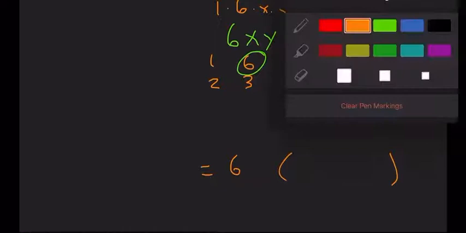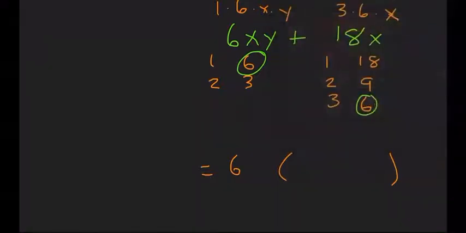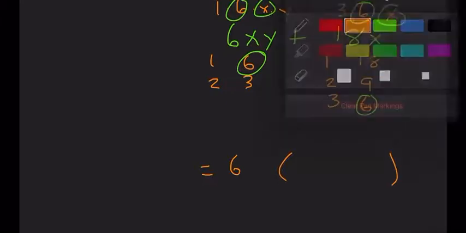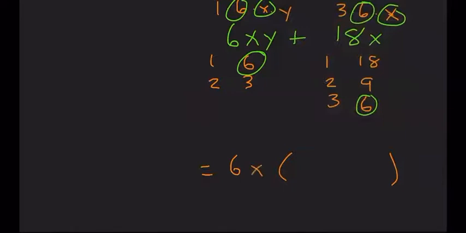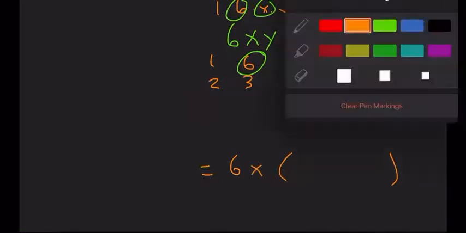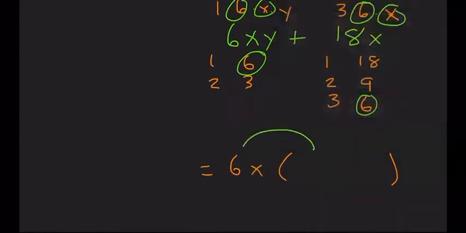So when we're doing the greatest common factor method, remember, we're taking out the factors that they have in common. We took out a 6, but what else can we take out? We can also take out an x. They both have an x being multiplied in them. So we can take out the 6 and the x. And then you're just saying basically what's left over. 6x times what gives you 6xy?